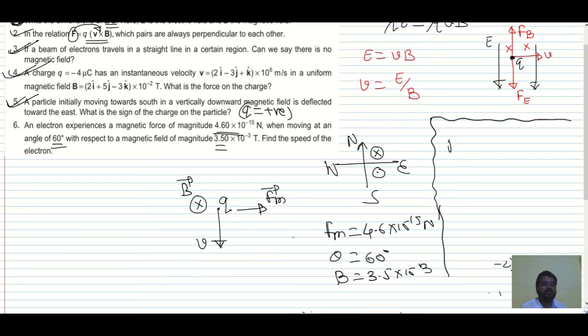Okay, so what is the magnetic force formula? It is Fm is equal to QVB sine theta. So the speed we have is Fm by QB sine theta.